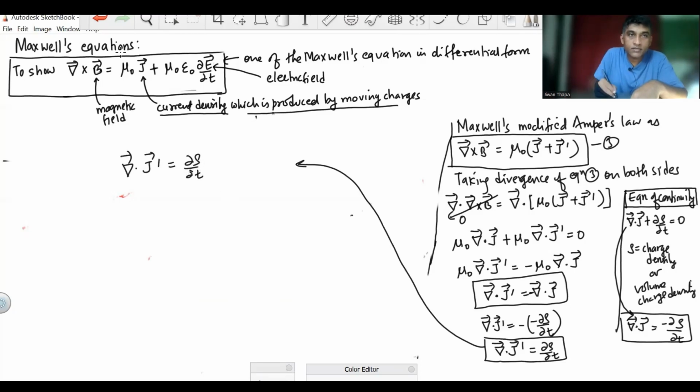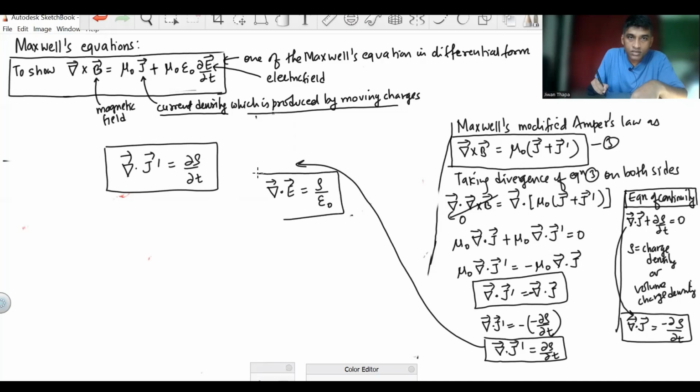Now we know divergence of electric field equals rho by epsilon naught. This is one of Maxwell's equations in differential form.